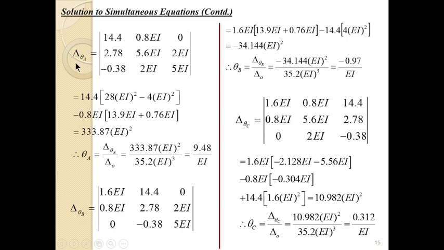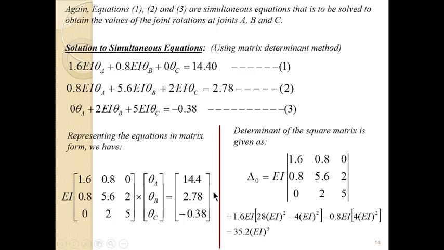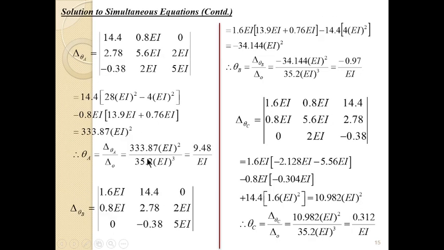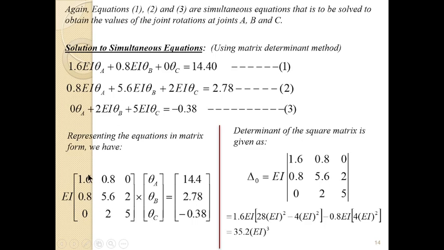You come to that determinant again. Remember this. The next one where you want to find the determinant for the one using theta A, you are going to replace this first column with the column that is for the answer.